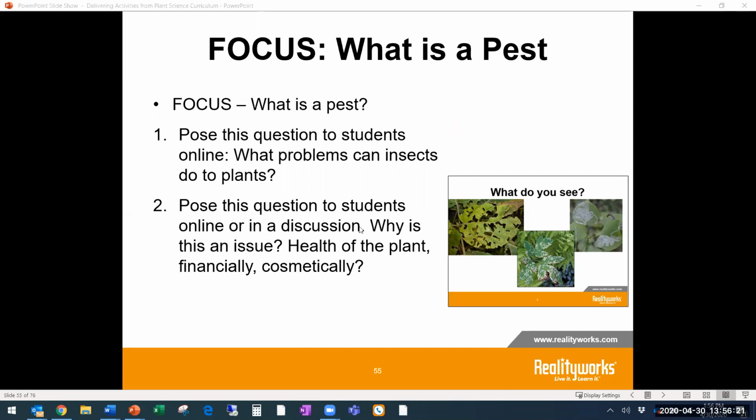So walking through and talking to your students, when you look at this picture, why are there issues with these different leaves? Why is it important to have the health of the plant? What does that do to you financially? What could it do cosmetically if you're trying to sell these plants? What are some different issues that could happen because of having pests in your greenhouse?